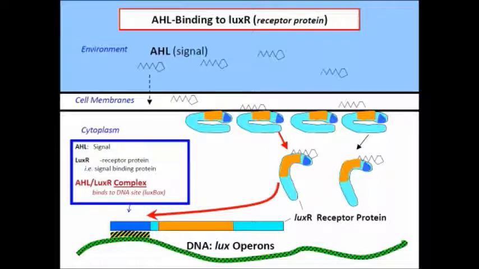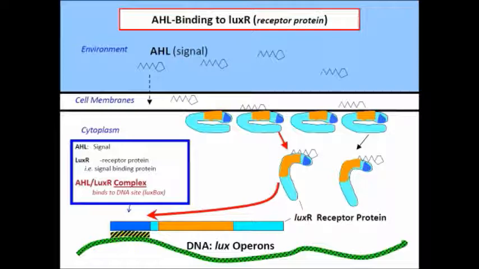Now, how does it happen? We have the signals up top, the AHL signals out in the environment, diffusing around. They then cross the cell membrane, diffusing into the cell. Sometimes they're actively transported in, where they encounter a receptor protein, shown in green.